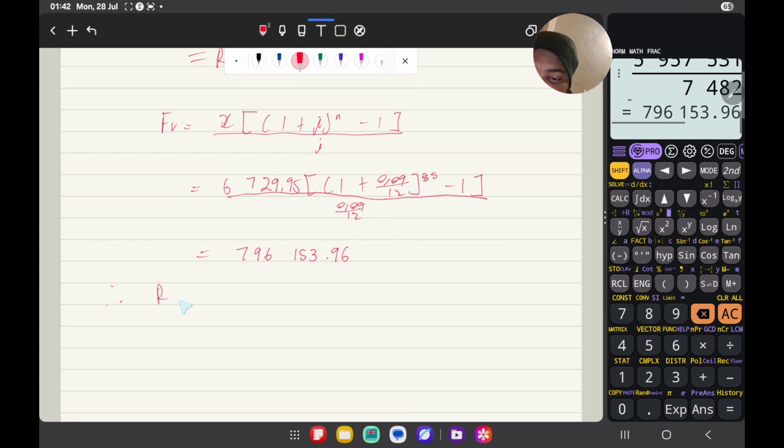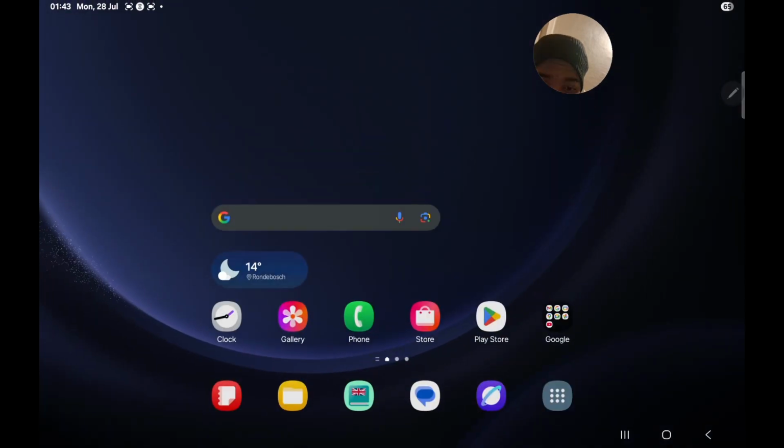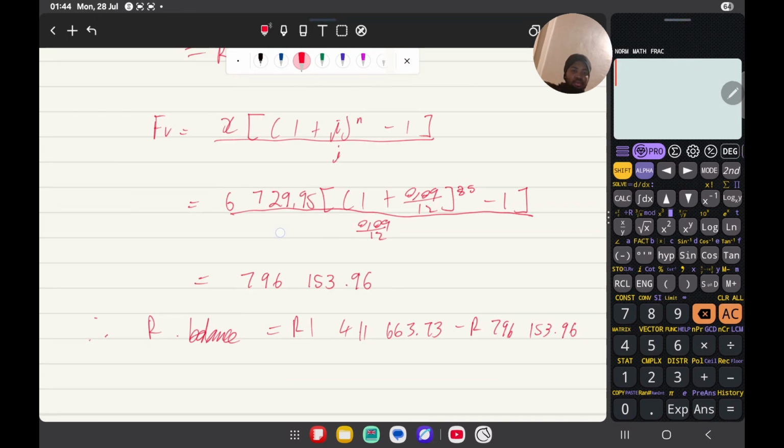The remaining balance is just going to be the million. Okay, cool.